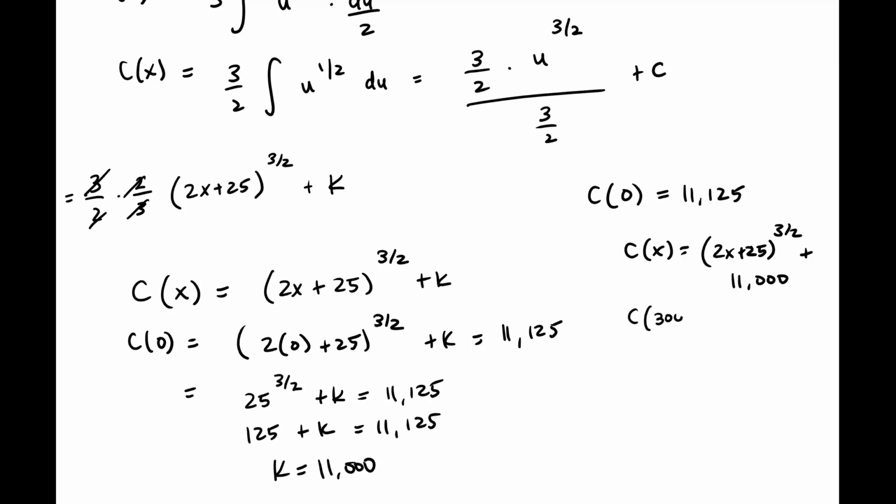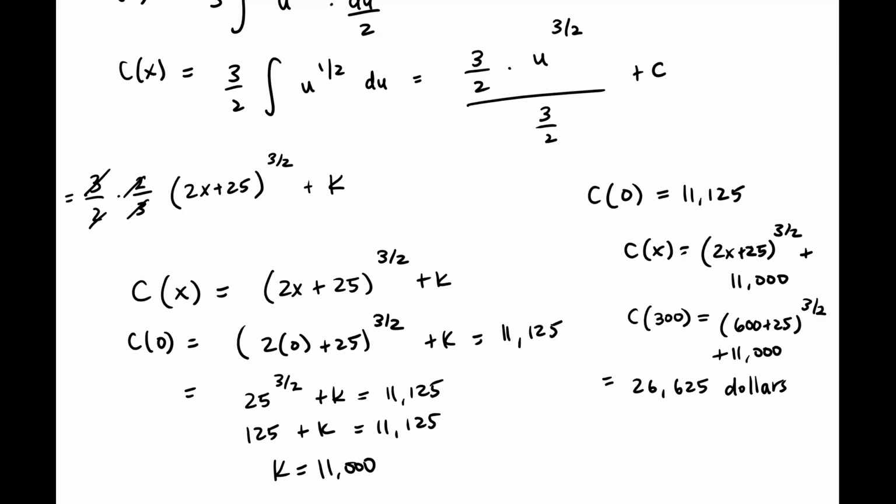So then we still need to evaluate c of 300, and that's going to be 2 times 300 is 600 plus 25 to the 3 halves power plus 11,000. And then if you simplify that, that ends up being 26,625. And the units on this is dollars since we're evaluating our cost function.